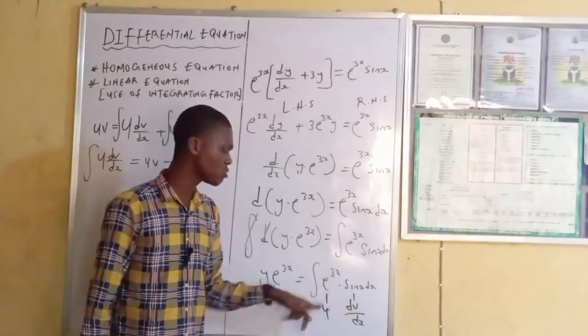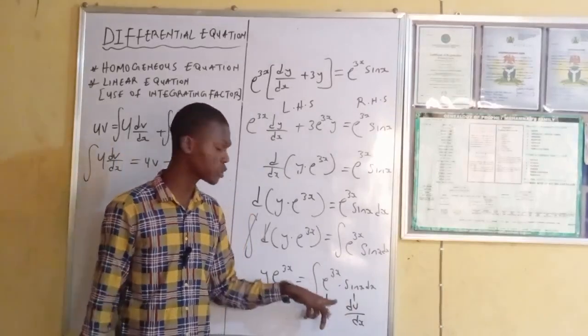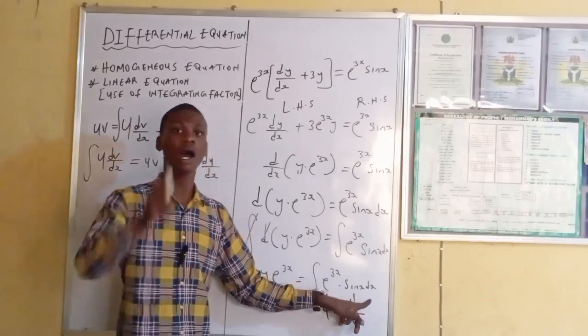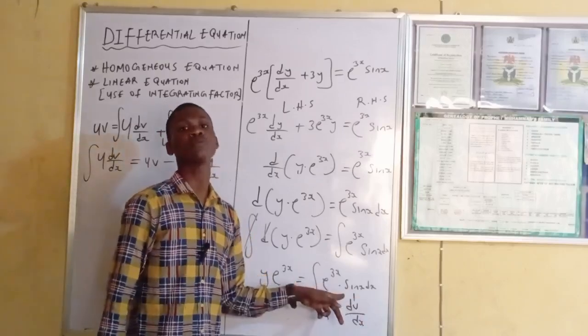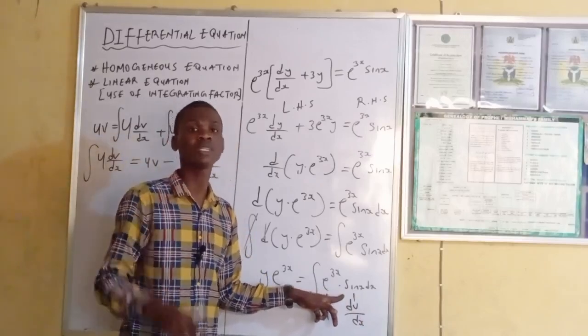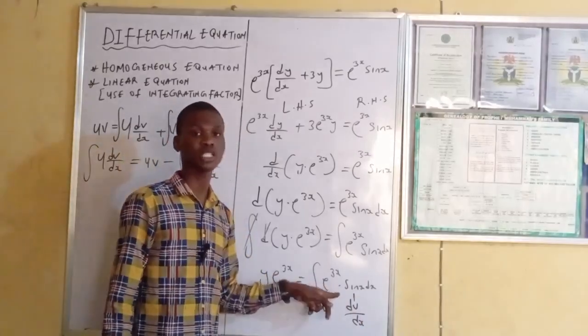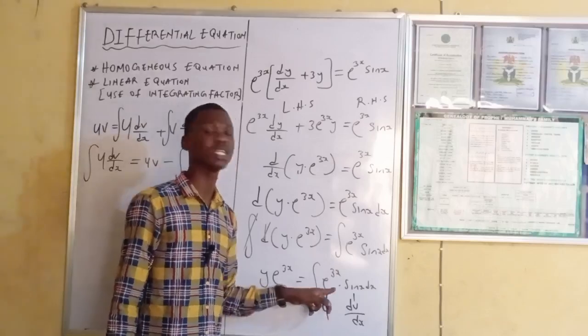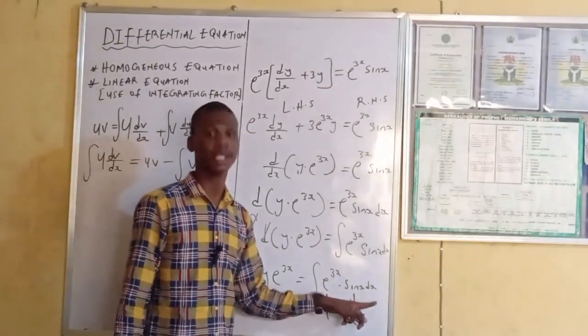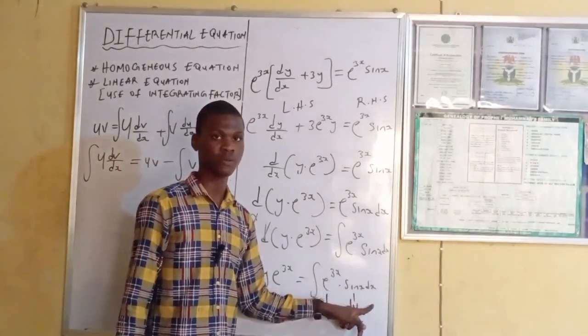When I'm having an integral of two functions, the functions in this case are exponential and trig function. Now, priority is given to the exponential, meaning that u will be the exponential involved. u is what? Exponential 3x, and the dv over dx will be sine x. So that's how it works.